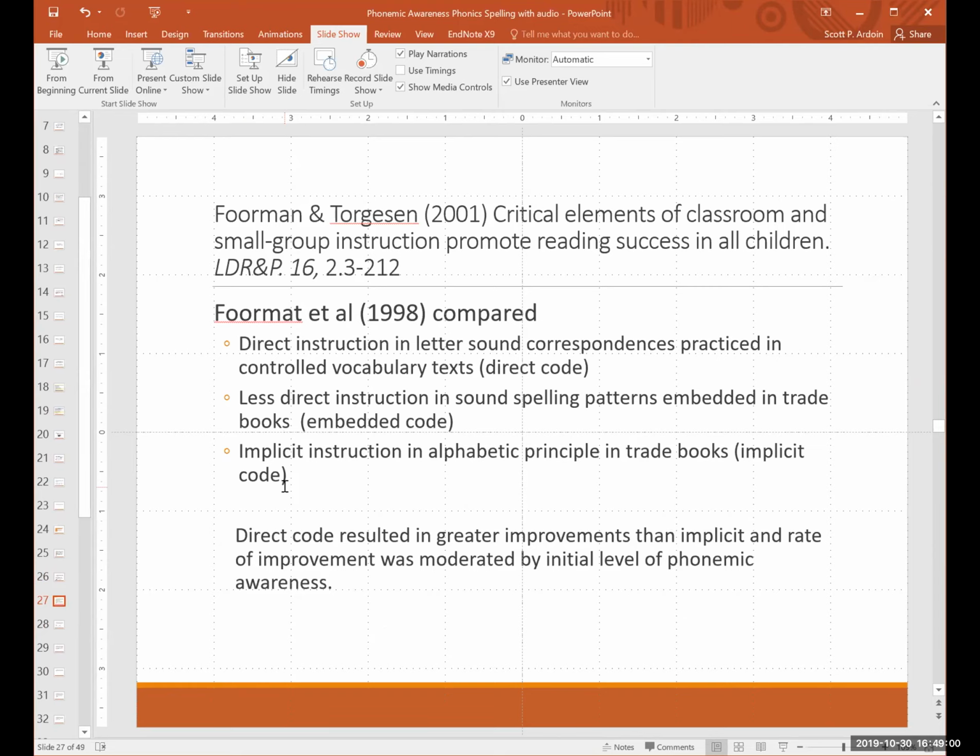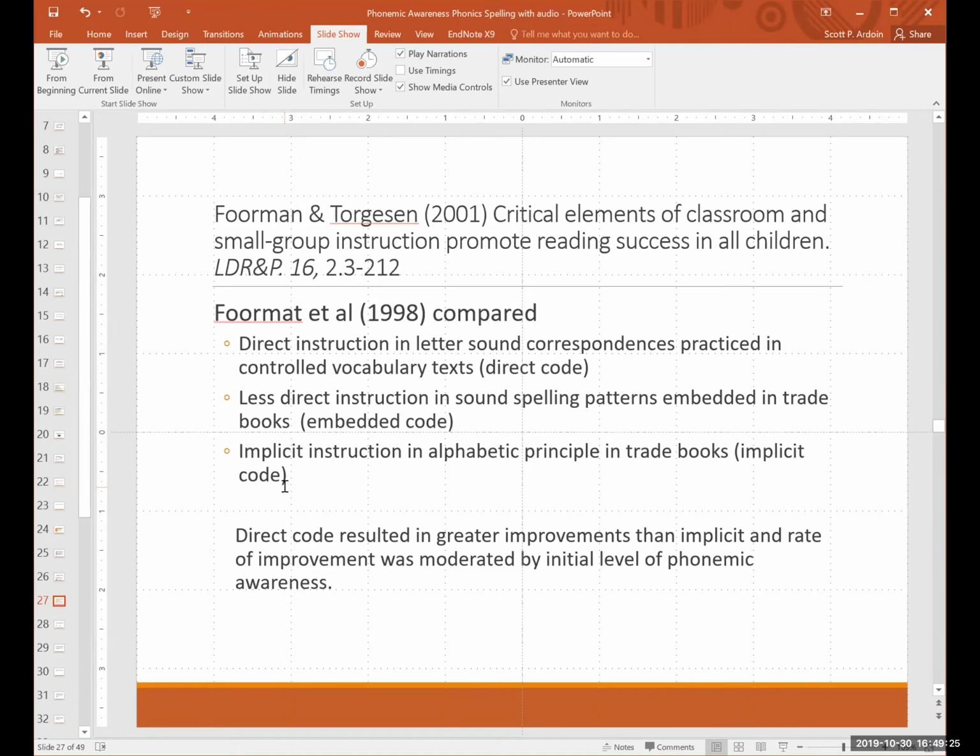And then the third condition was implicit instruction in alphabetic principle in trade books, so implicit code. The direct code resulted in greater improvements than implicit, and rate of improvement was moderated by initial levels of phonemic awareness. So not only did this study show the importance of direct instruction, but it also showed the importance of phonemic awareness.